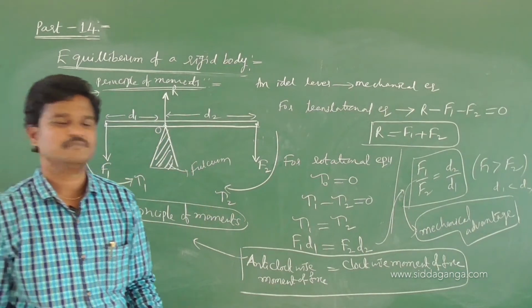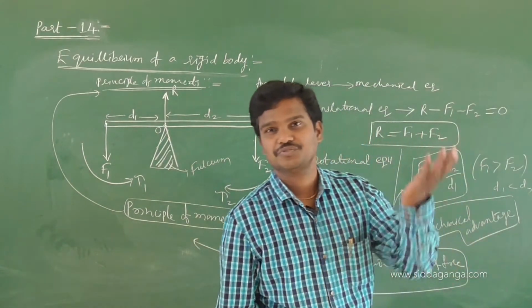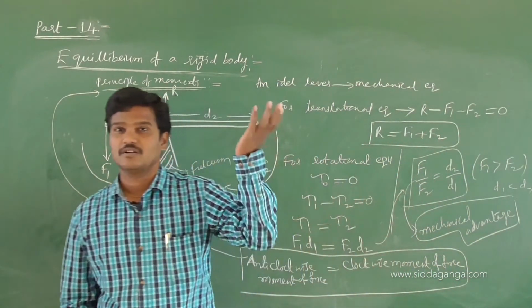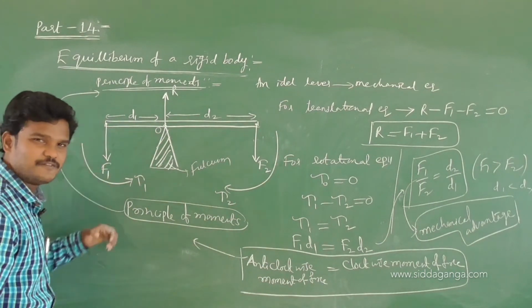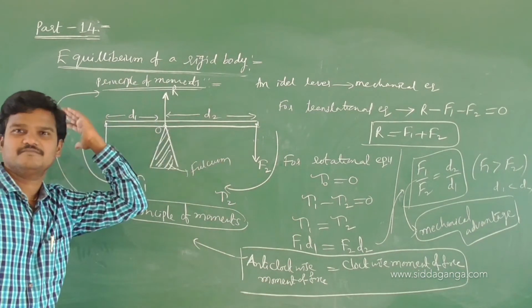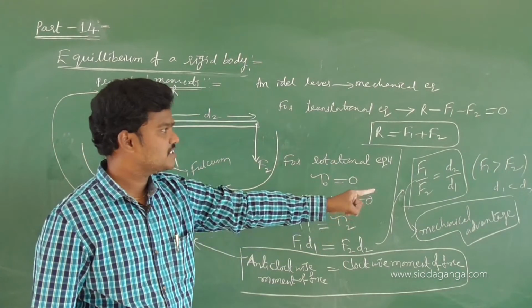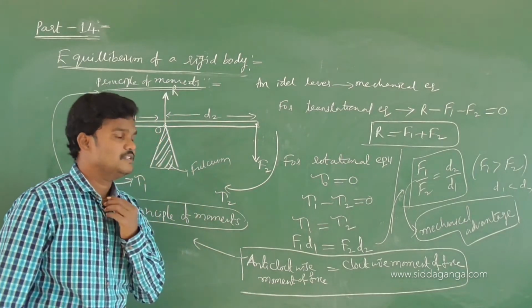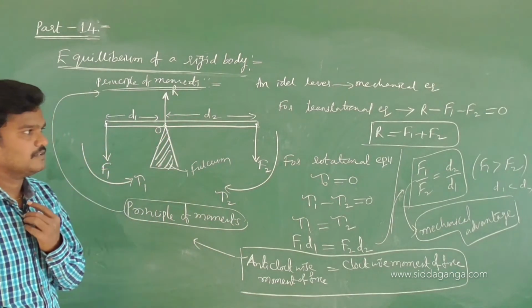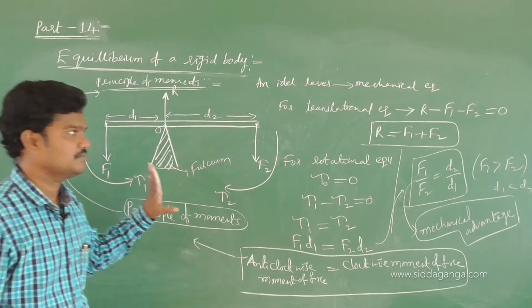Generally we use hydraulic lifts and other things, but here a small effort is enough to lift the other person. That is mechanical advantage. So what is the equation for mechanical advantage? F1 by F2 is equal to D2 by D1. Keep in mind, this is the principle of moments.